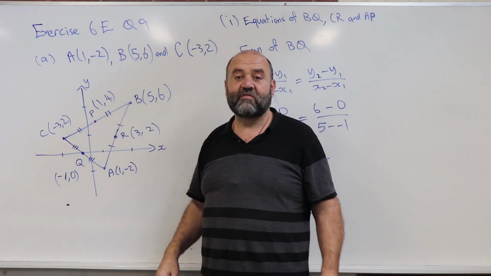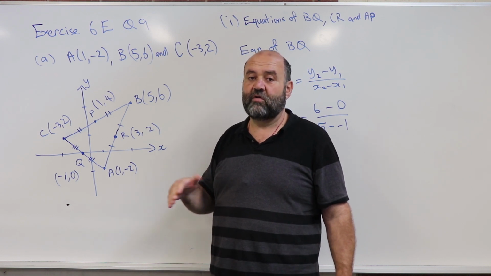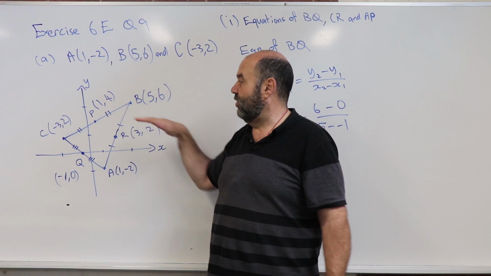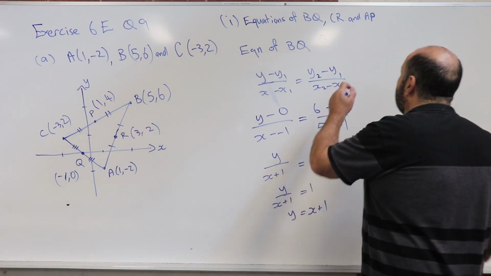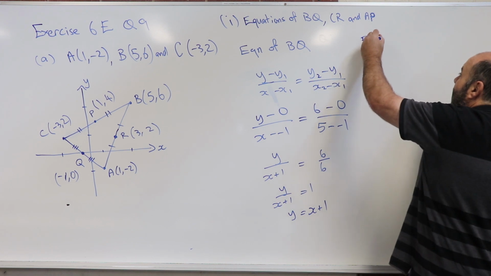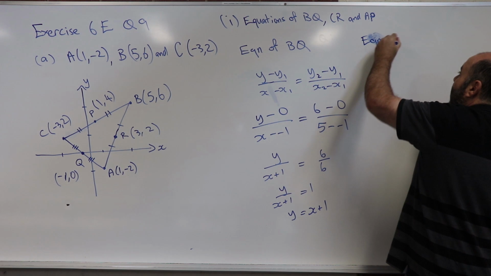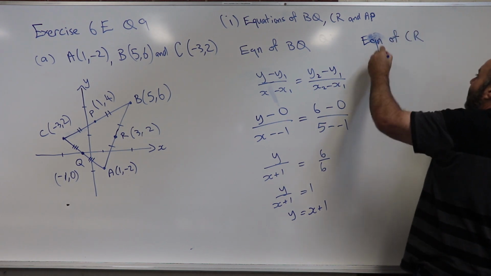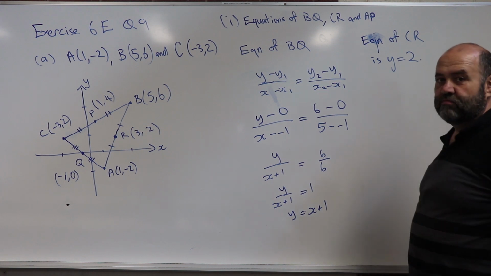We know the equations of horizontal lines. The equation of a horizontal line is y equals whatever our y value is. So the equation of CR is y equals 2.